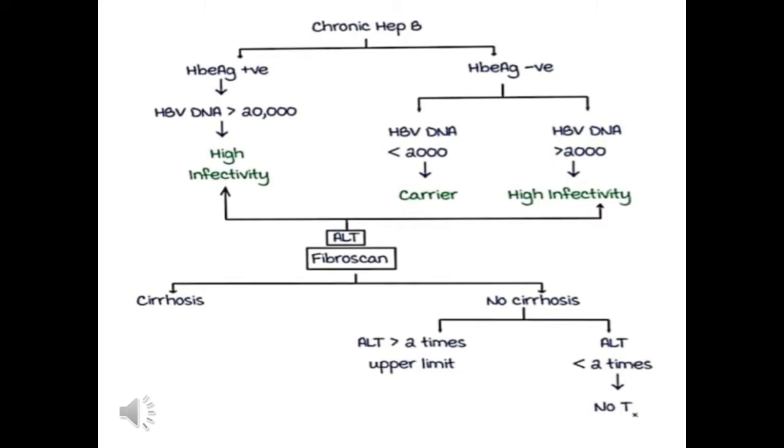If HBV DNA is more than 2000, it's high infectivity. FibroScan can diagnose if it's cirrhotic or non-cirrhotic. If non-cirrhotic and ALT is more than 2 times upper limit, or if ALT less than 2 times, there's no requirement for any treatment.